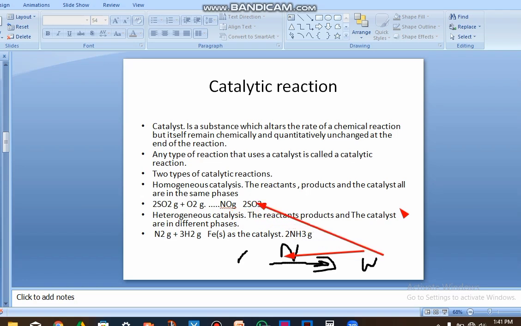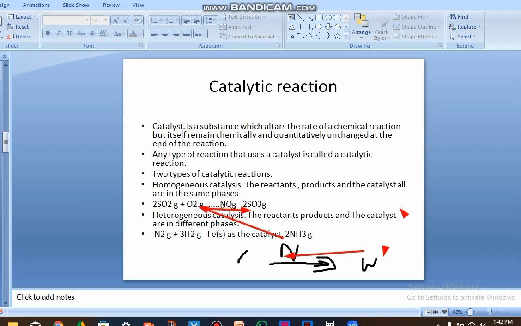And this one is the compound that is formed from the combination of these two. Let me just draw it so it won't be confused. So both the reactants are in gas, so G means gas.